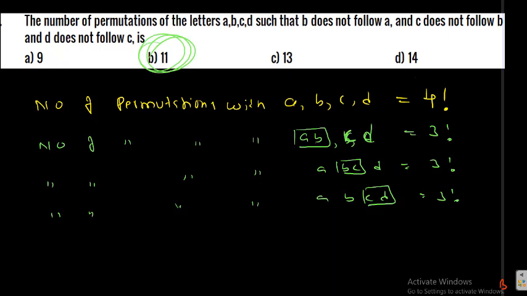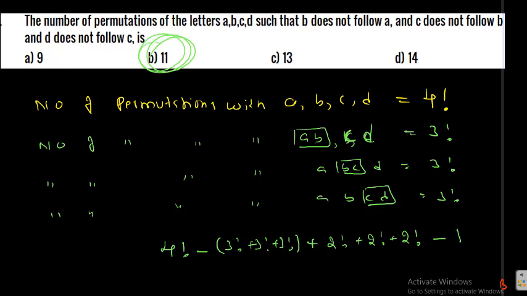So 4 factorial minus 3 factorial plus 3 factorial plus 3 factorial plus 2 factorial. A, b you can interchange their places in 2 factorial ways. That's why 2 factorial plus 2 factorial plus 2 factorial minus, again a, b, c, d is added 3 times, so I want to subtract 1 time.